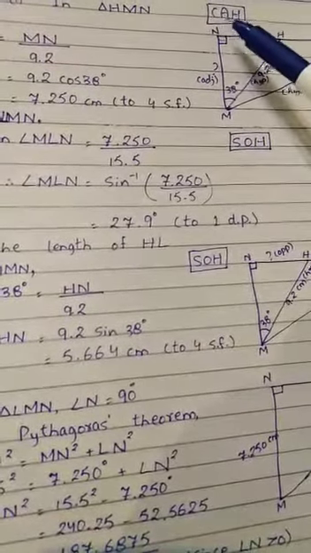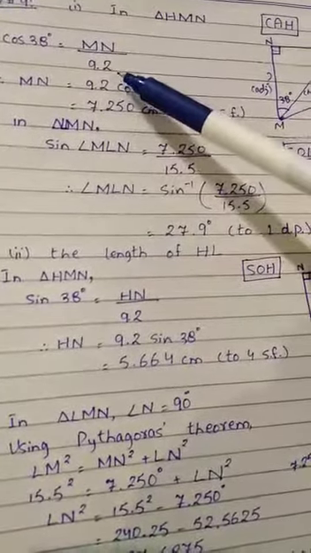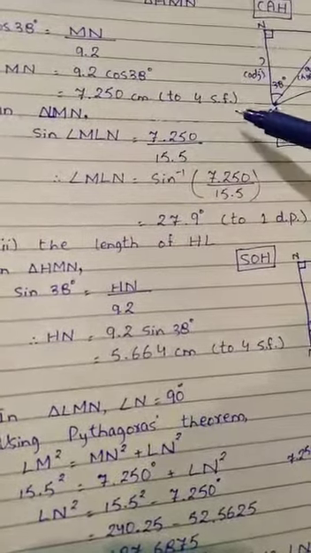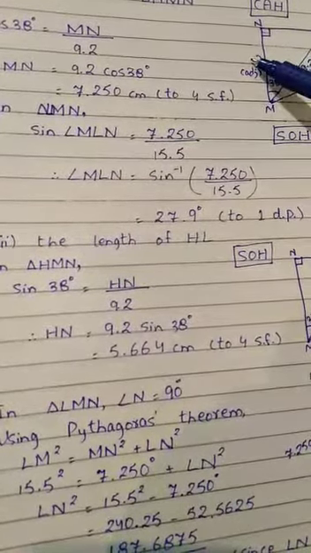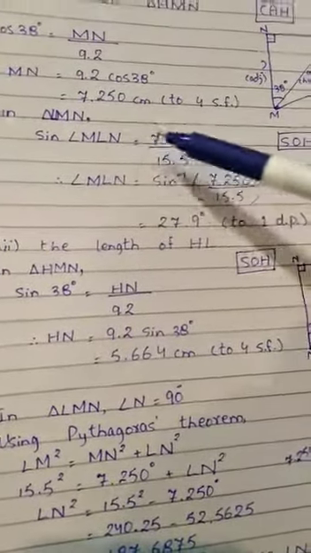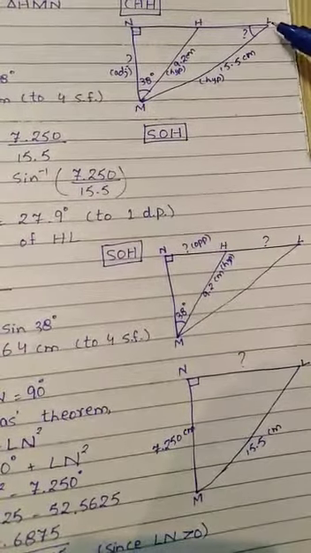So we have the hypotenuse and the adjacent. Adjacent is unknown, so we will take MN as it is, and then you will apply cos, adjacent over hypotenuse. So cos 38 is equal to MN over 9.2. So MN is equal to 7.250 centimeters to 4 significant figures.